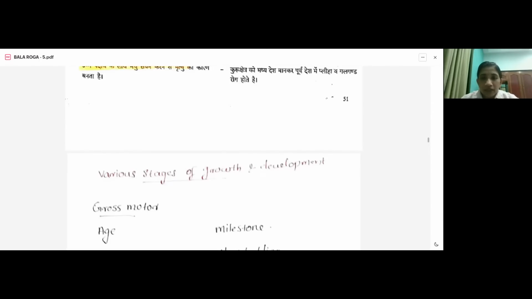Then you can refer to the previous year question papers and add the information. Otherwise, you have to study mainly the Ayurvedic part, and after that the important points that we have discussed in our class, the modern portions. And you have to refer to the previous year question papers. It is also very, very important.